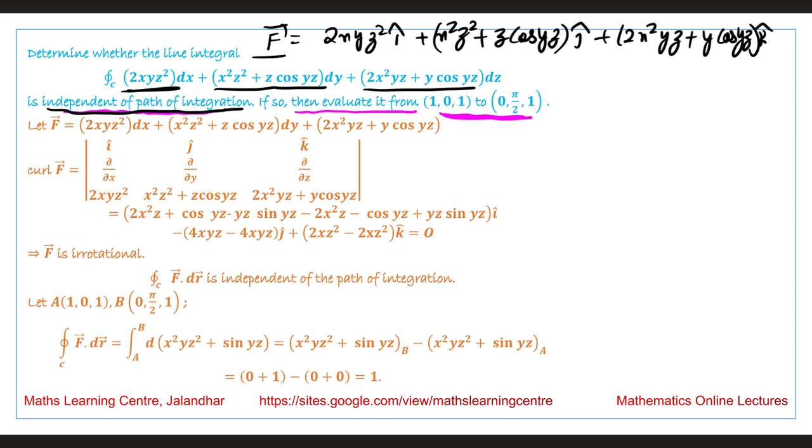We have to prove that this function is irrotational, or this force is a conservative force. So to prove this, we have to prove that the curl of F vector is equal to 0.